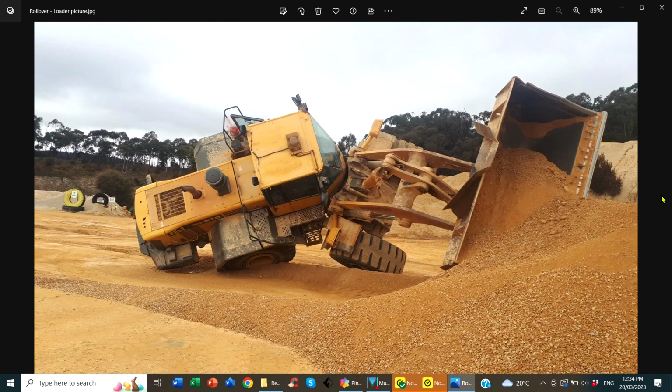If I had to guess, he had half a bucket on one side and steered and it tipped him over. He's on a grade, but he's actually pointed down the grade, which would have been a better situation. So obviously things like this do occur and you have to be prepared for it. And the equipment needs to be prepared to minimize the risk of this happening.